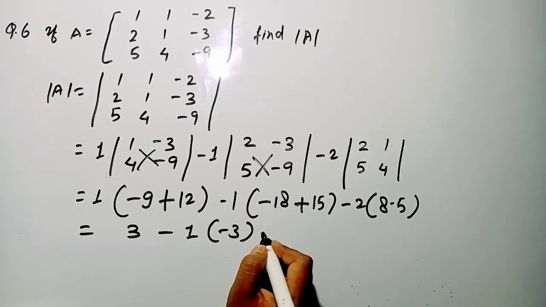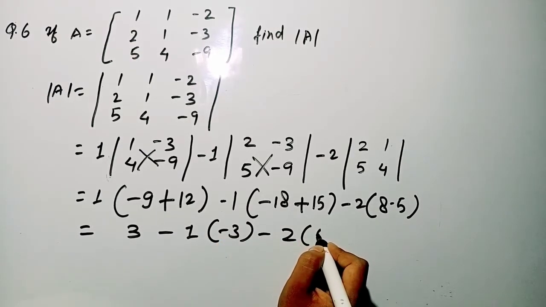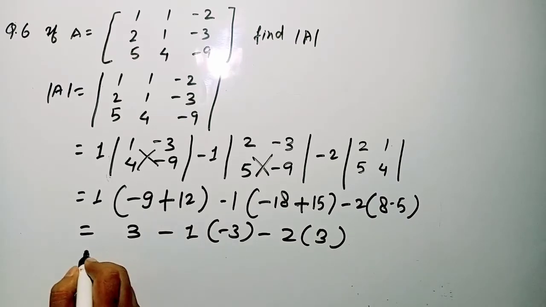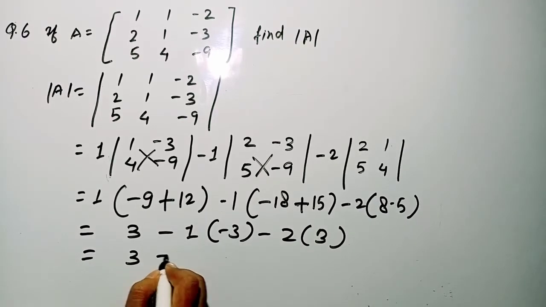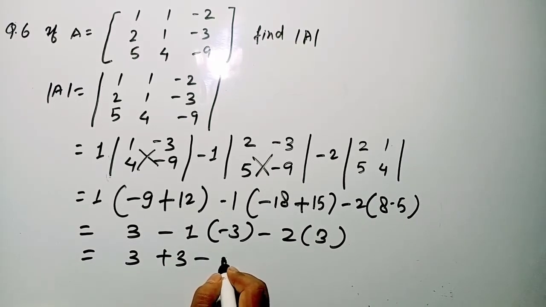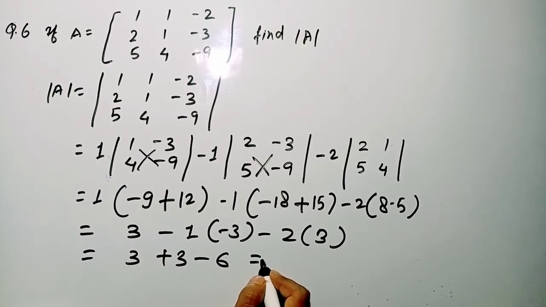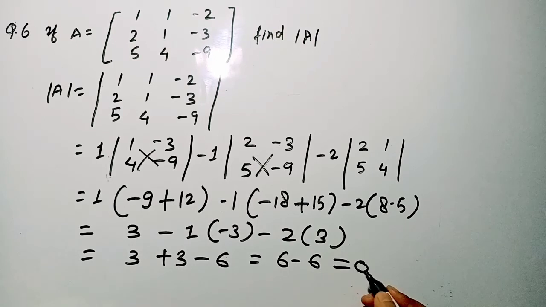By solving these things, minus 3, and here is minus 2 into 3, so what we are getting, 3 plus 3 minus 6, is equal to 6 minus 6 is equal to 0.